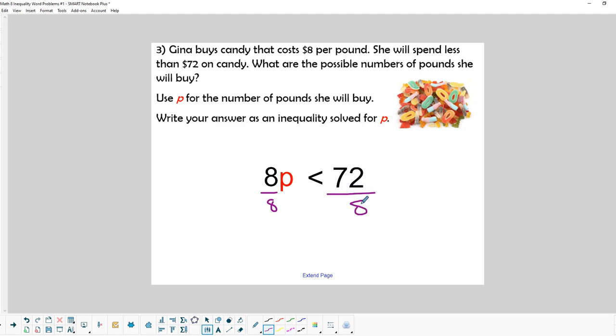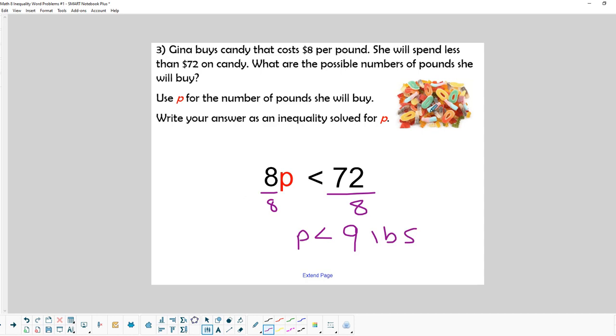The number of pounds she'll be close to is 9 pounds. But if she buys exactly 9 pounds, she'll spend $72, and she has a little less than that. So she has to buy less than 9 pounds of candy.